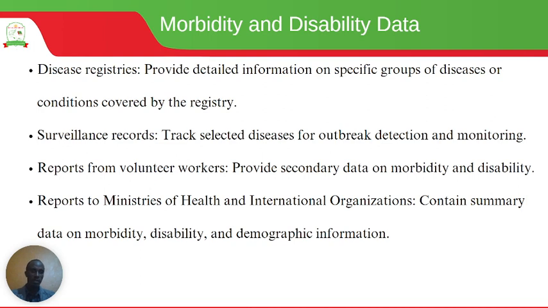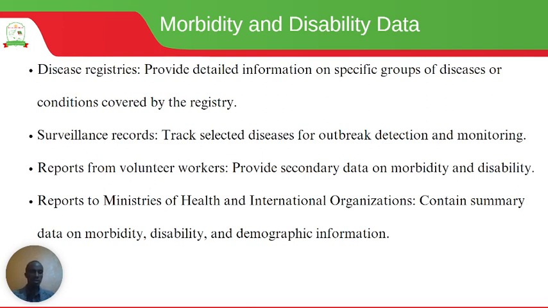Then reports from volunteer workers or volunteer organizations sometimes will provide secondary data on morbidity and disability. So these collect data from patient records, aggregate them, and will always be a source of this secondary data.